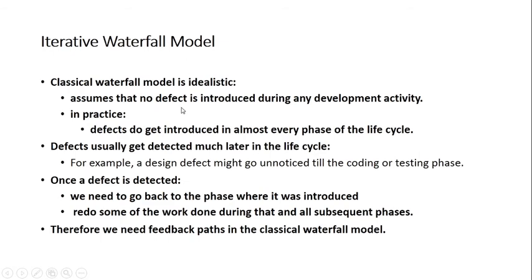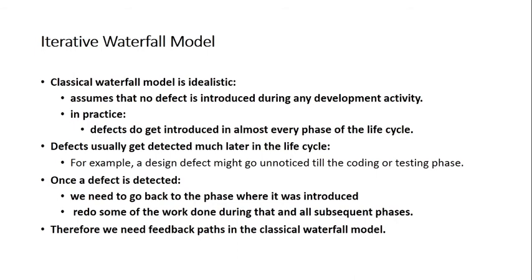It was assuming that no defect is introduced during any development activity, but that is not true. In practice, defects do get introduced in almost every phase of the life cycle, and we need to correct those errors. Then defects usually get detected much later in the life cycle. So what happens is, when you are testing the software in the testing phase, it's not that the error has occurred in the testing.